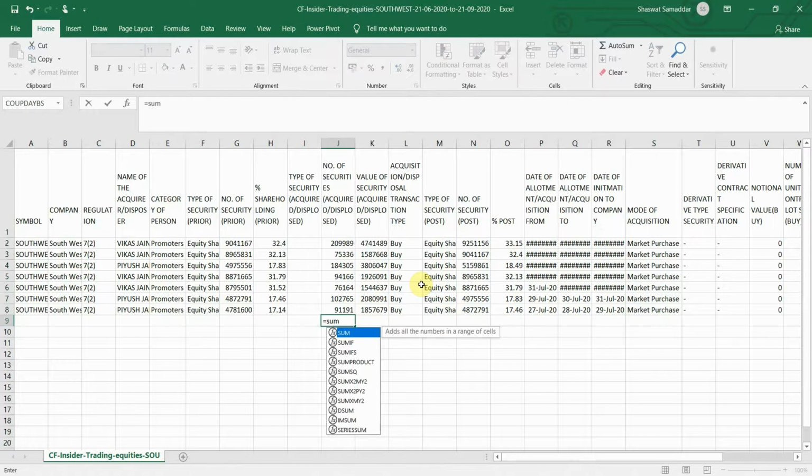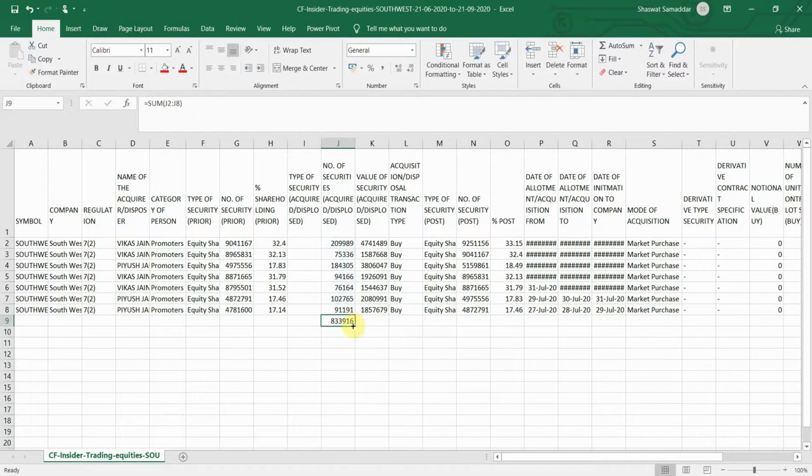So we'll calculate the total number of securities and the total value of securities. Next, we divide the total value of securities by the total number of securities to reach an average price at which the promoters may have made the position.